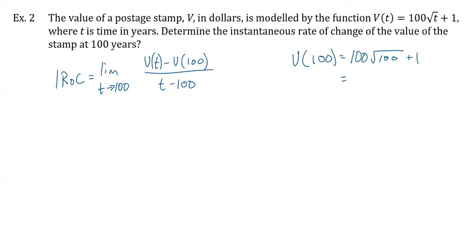So the value at 100 years works out to 1,001. The original value looks like it was $1. If you sub 0 in for t, it's $1. So the stamp costs $1. After 100 years, it's $1,001. Pretty expensive for a stamp.